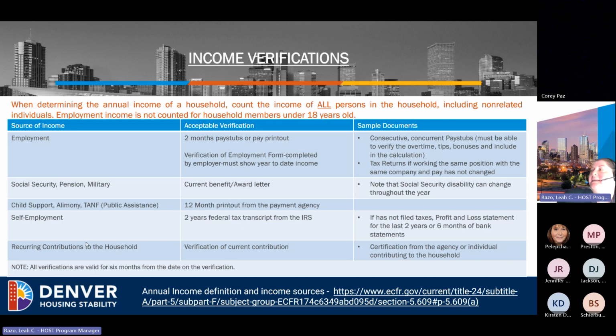So now let's look at some of the source documentation when it comes to income. You're going to want to request the last 2 months of pay stubs or a verification of employment form by the employer, to get an idea of what the income is. The pay stubs should be consecutive and consistent and should be the most recent.